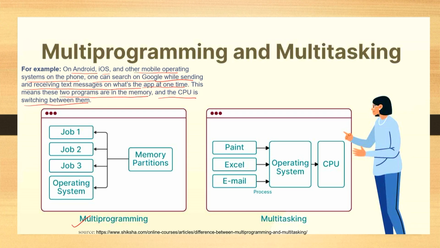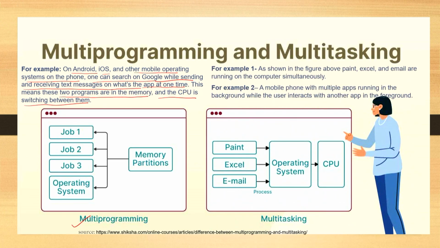What will happen in the case of multitasking? Here you see Paint, Excel and email. These different tasks are running simultaneously on the system.